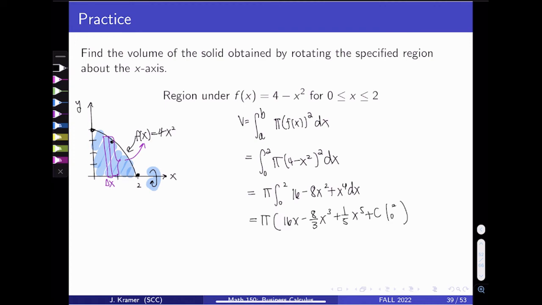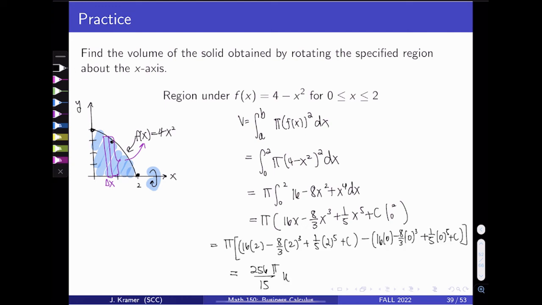And so I'll be looking at pi times 16x minus 8/3 x cubed plus 1/5 x to the 5th plus c evaluated from 0 to 2, and I'll use the fundamental theorem of calculus to evaluate. And so the volume of the region under 4 minus x squared from 0 to 2 is 256 pi over 15 units cubed. And it would be units cubed because it would be a positive volume, since the region that's bounded is positive because the whole region is above the x-axis.